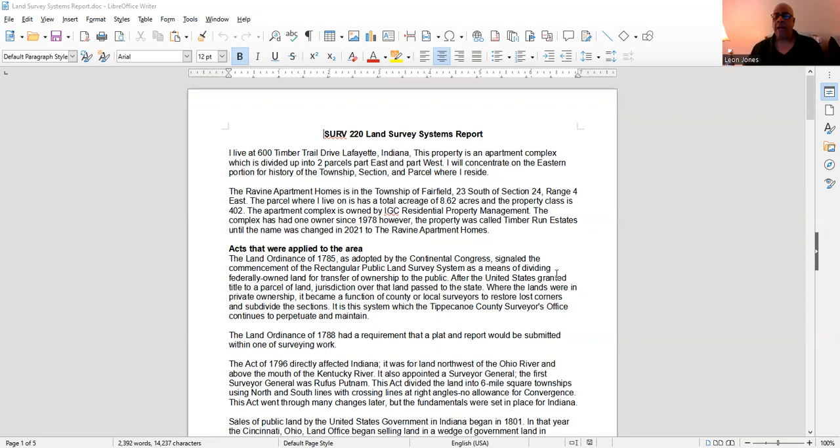How did I find all of that? I went in and looked everything up from Tippecanoe County. You also have to put who owns the complex, IGC, Residential Property Management. And since 1978, there's only been one owner, and that was IGC. Now, previously, till right around 2021, this used to be called Timber Run Estates. So they changed the name to the Ravine Apartment Homes.